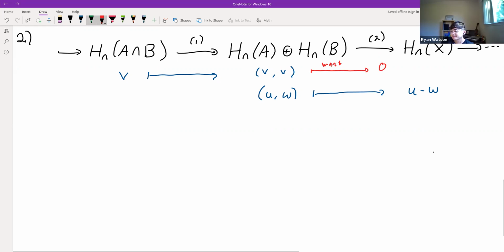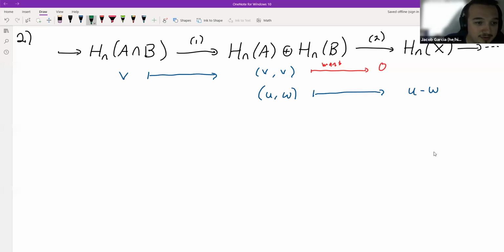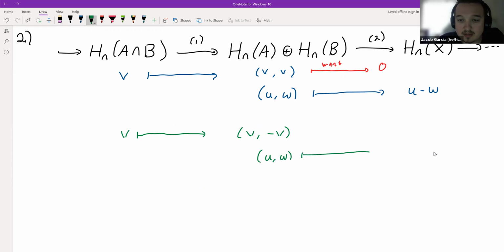These are the same. The other way, and this is the way that I prefer, is that I put the negative in the first map, and then the second map is just summing, U plus W. But these are equivalent. It actually doesn't matter which one of these maps you take.